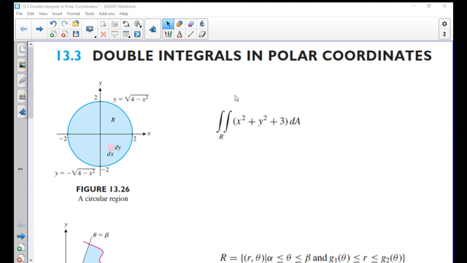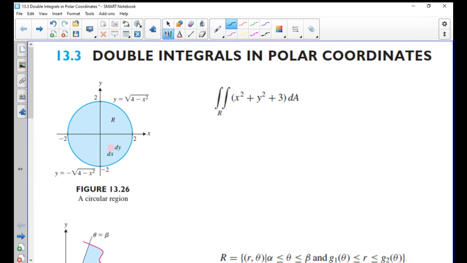Suppose you want to calculate this integral, the integral of this function, x squared plus y squared plus 3 over the region R, where R is this circle here that you can see of radius 2 centered at the origin. So I want to calculate this double integral.